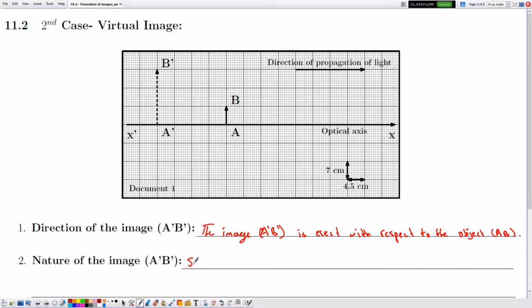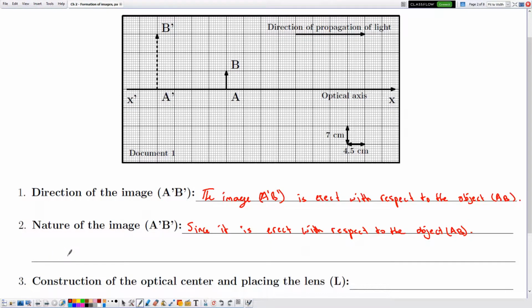Then let's say since it is erect with respect to the object AB, then the image A prime B prime is virtual.